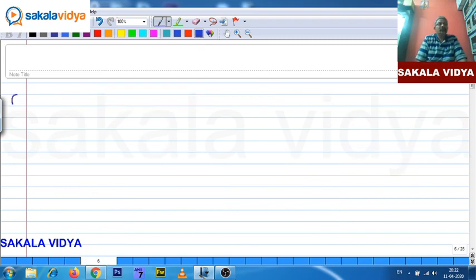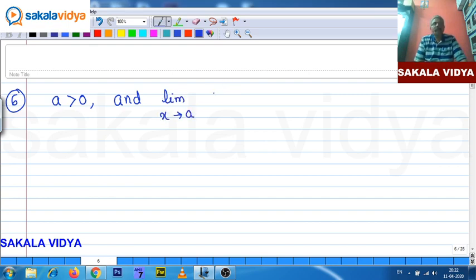Now the sixth one. a greater than 0 and limit x approaches a, a power x minus x power a upon x power x minus a power a equals a finite value, minus 1.